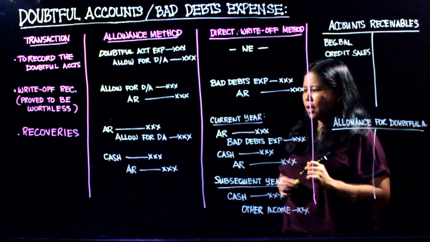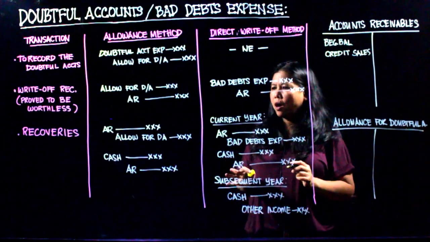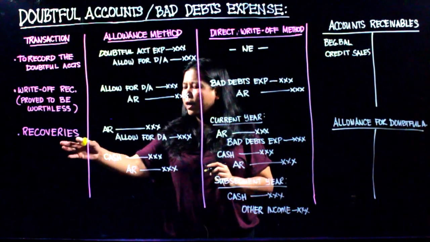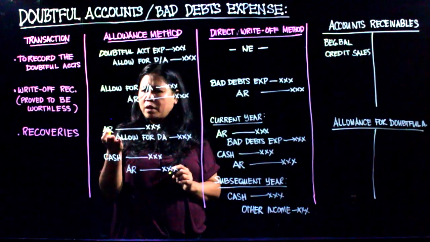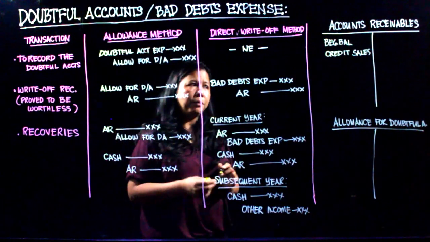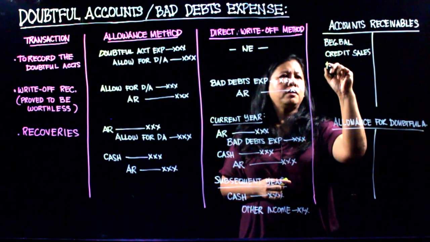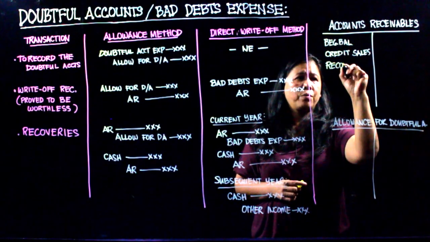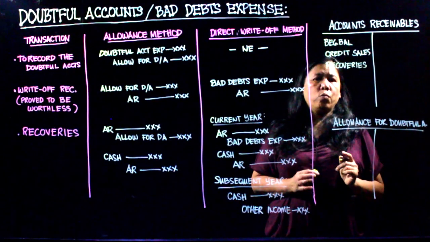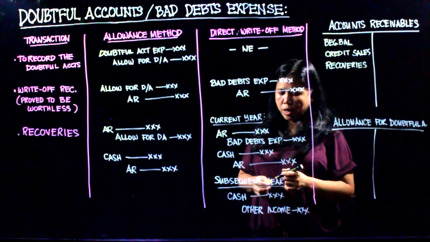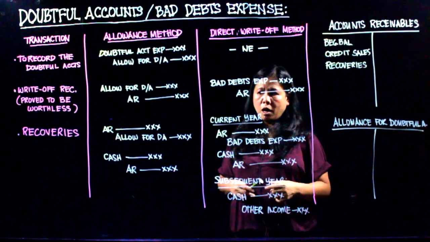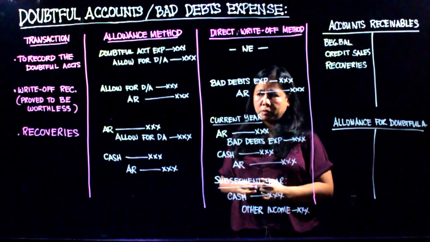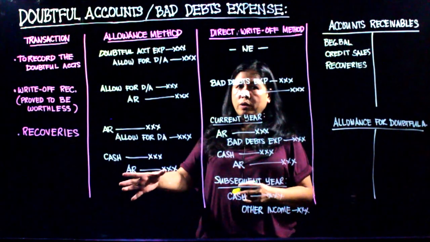All right. And any recoveries. So when you have a recovery, we debit accounts receivable. All right. So on the debit side of the accounts receivable, we have our recoveries. And what are the transactions that credit the accounts receivable? If we have collections.